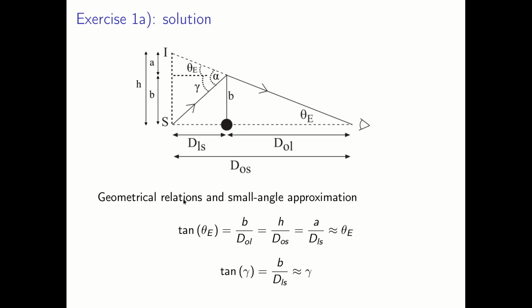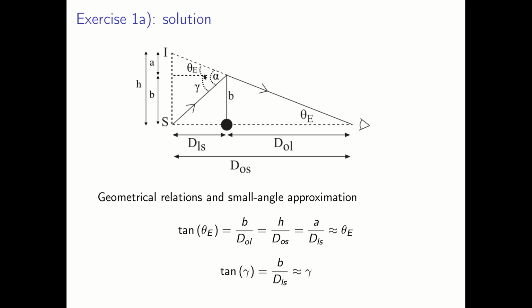Let's start. Again, we have to look at the figure. From this, we can realize that theta E, in particular the tangent of theta E, can be expressed as a chain of relations. In fact, we can see that the tangent of this angle can be expressed as the ratio between B and DOL from this triangle.